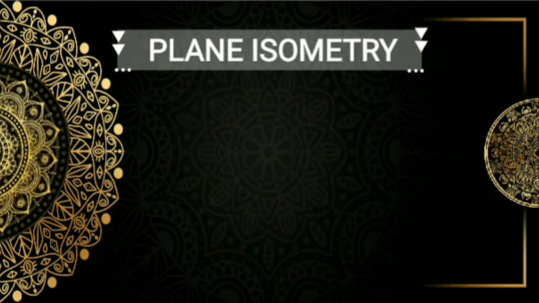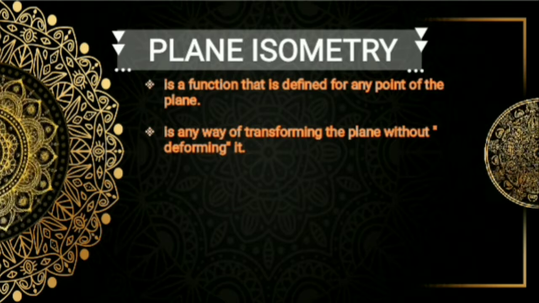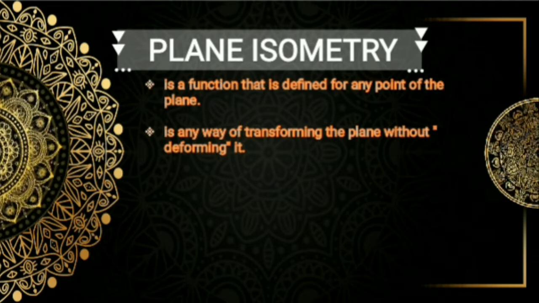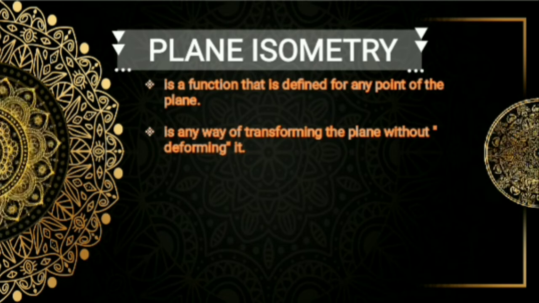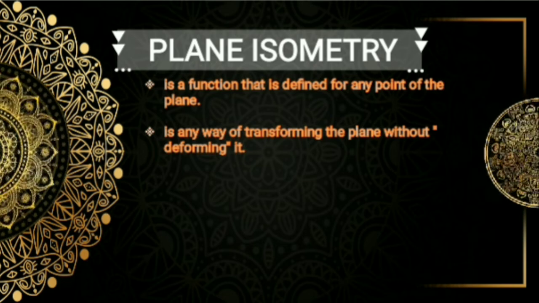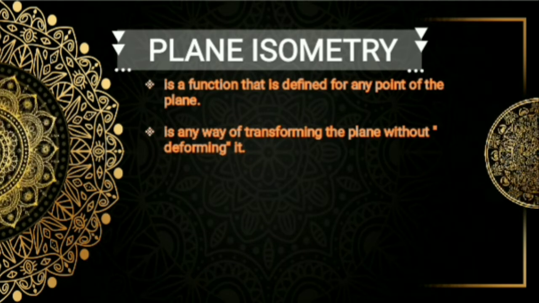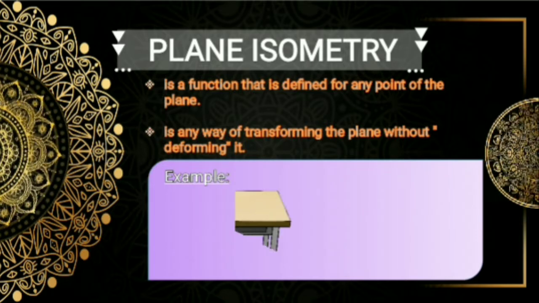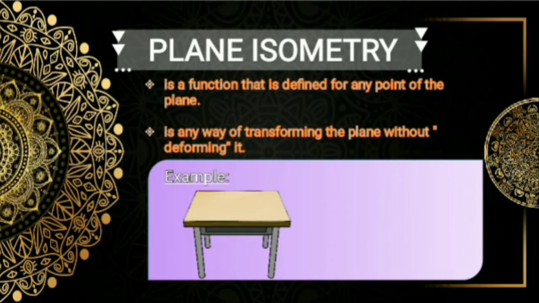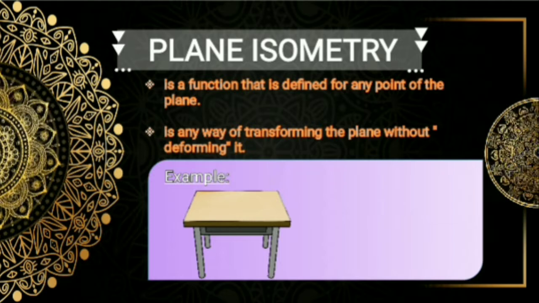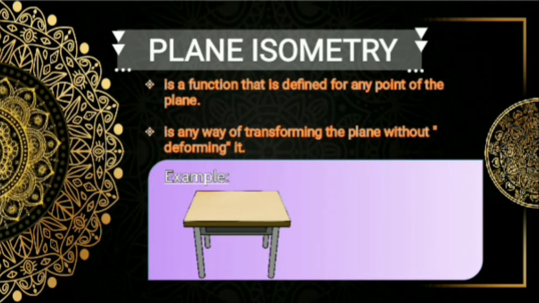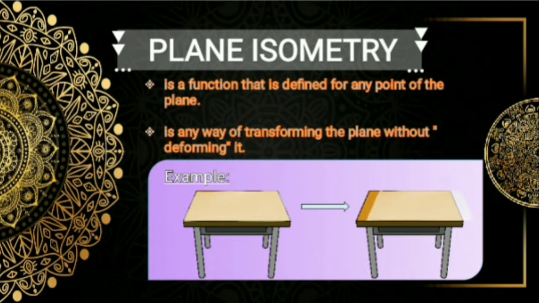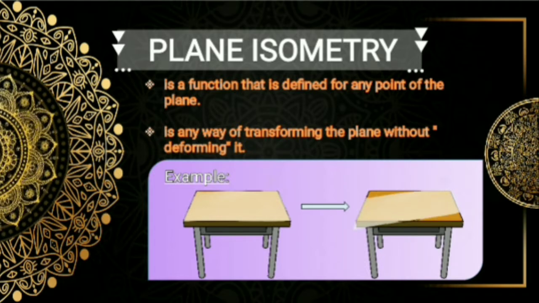As per the definition, a plane isometry is a function that is defined for any point of the plane, and informally, a Euclidean plane isometry is any way of transforming the plane without deforming it. For example, suppose that the Euclidean plane is represented by a sheet of transparent plastic sitting on a desk. Examples of isometries include: first, shifting the sheet 1 inch to the right.